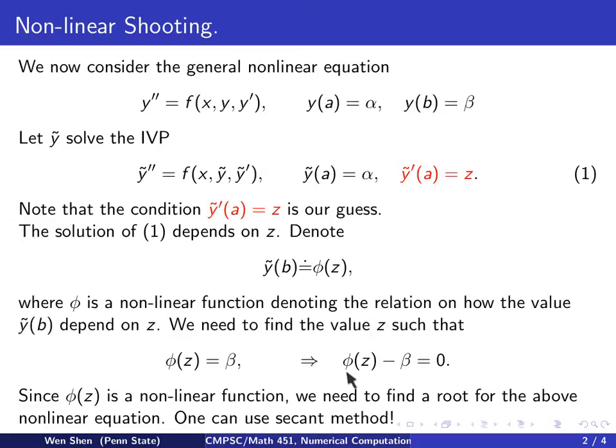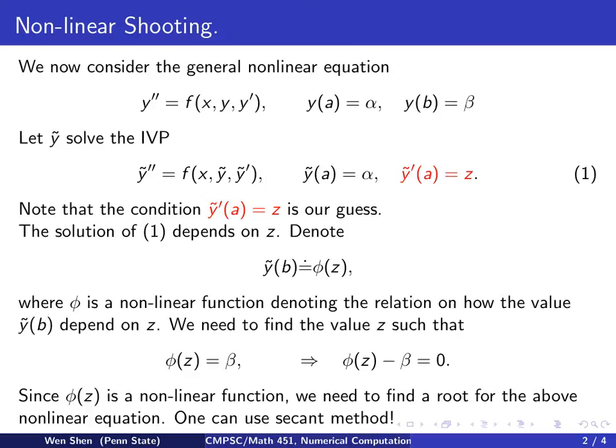Here, you would need the derivative of this function, phi. And phi denotes the relation between z and y tilde b. And we don't really have an expression for this function phi. We just know if you give me a z, I can do a computation to get y tilde of b. So it's very hard to find the derivative.